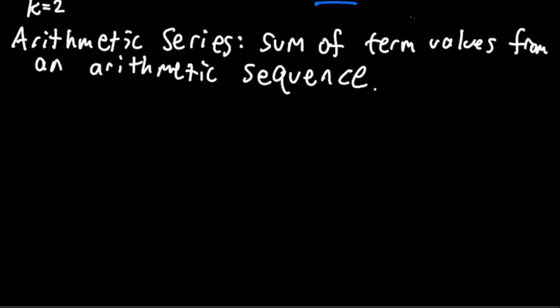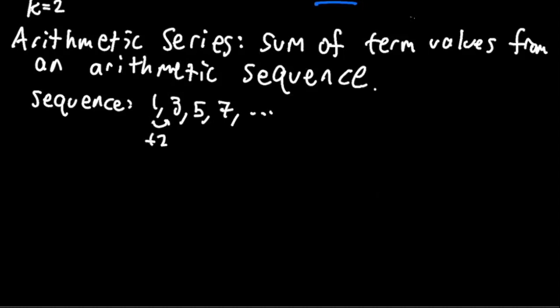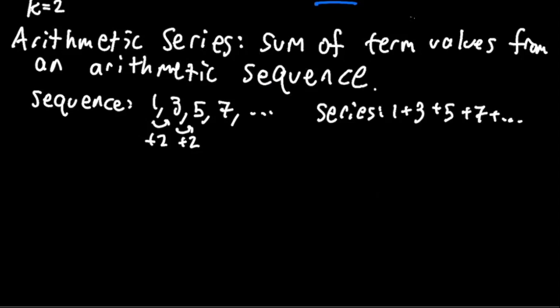So an example of an arithmetic series is what we saw before. Here our sequence above was 1, 3, 5, 7, and so on. This is arithmetic because we're adding 2 to get from one term value to the next. And for our series, instead of having those commas, we just rewrite it as a summation. So 1 plus 3 plus 5 plus 7 plus, and so on. So this is what our arithmetic series would look like.